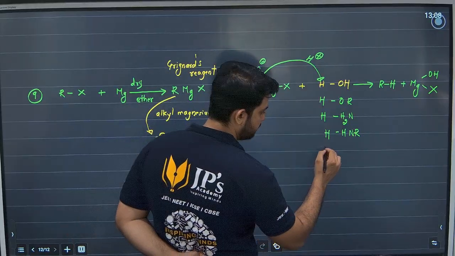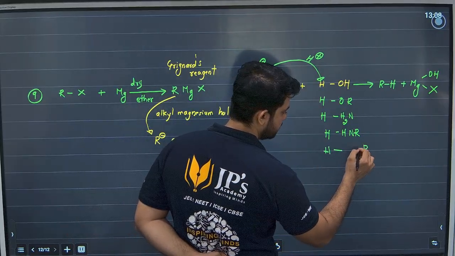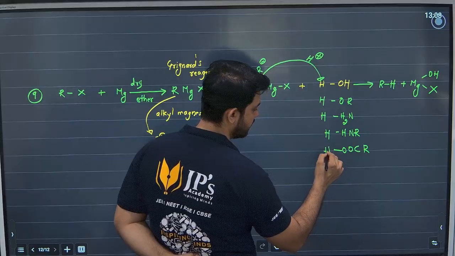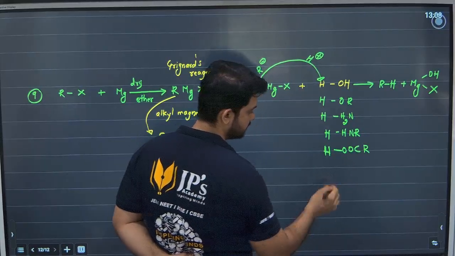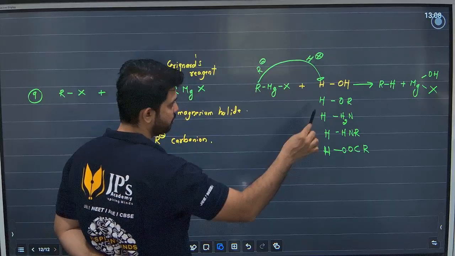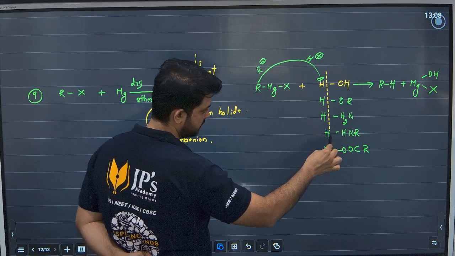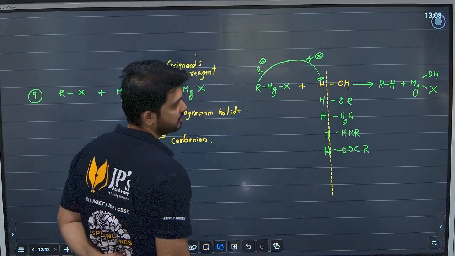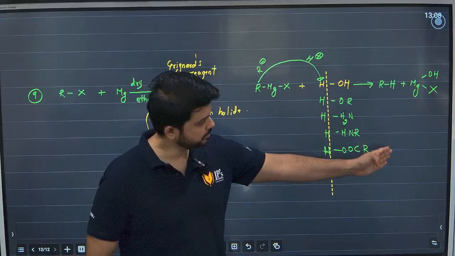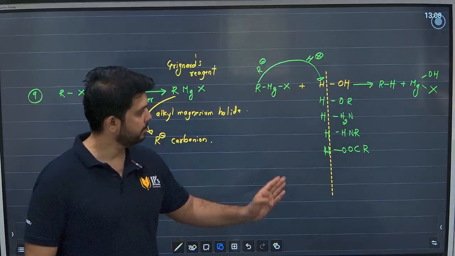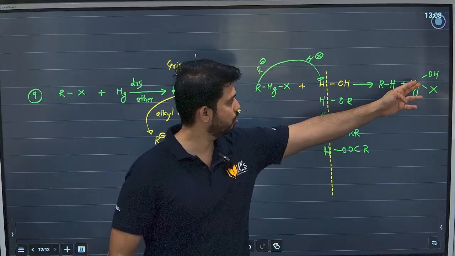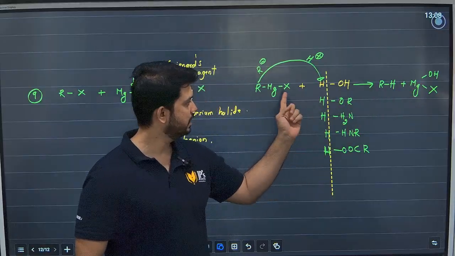I can use carboxylic acid. Same reaction we've already done in 11th standard. Anywhere it finds H proton, सब जगह से it will extract what? So RH is going to be the common product plus Mg OR X.